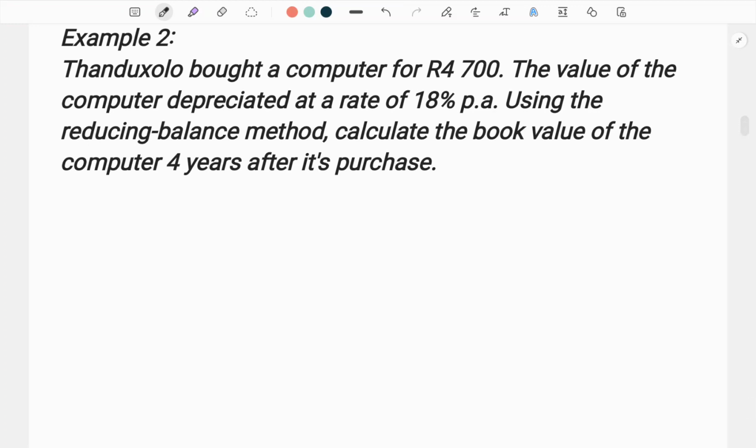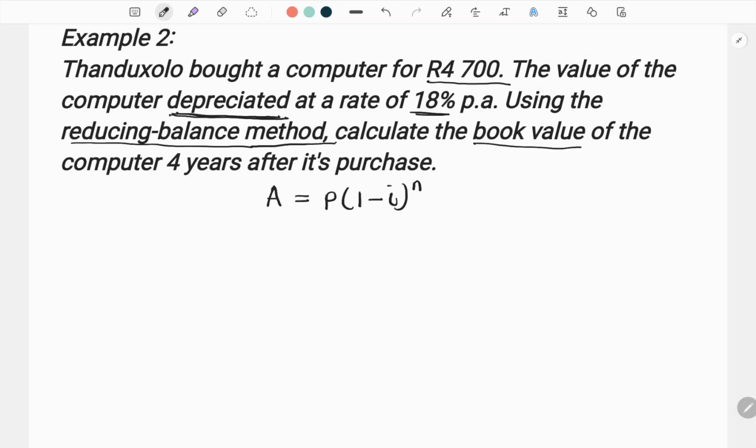Next question. Thanduxolo bought a computer for 4,700. The value of the computer depreciates at a rate of 18% using the reducing balance method. Now they are telling you to use the reducing balance. It is the one with an exponent. So already you write your formula. A equals P times 1 minus I to the exponent of n.